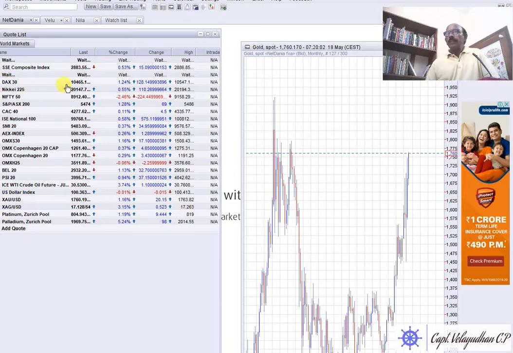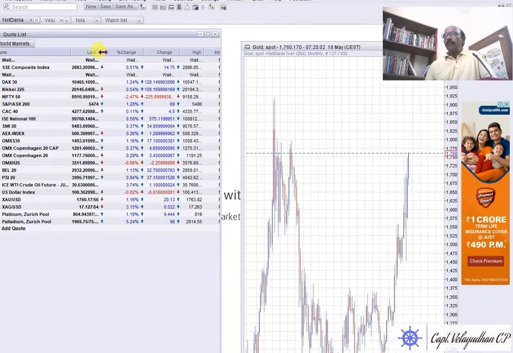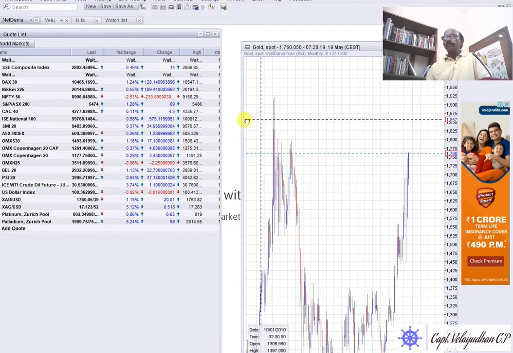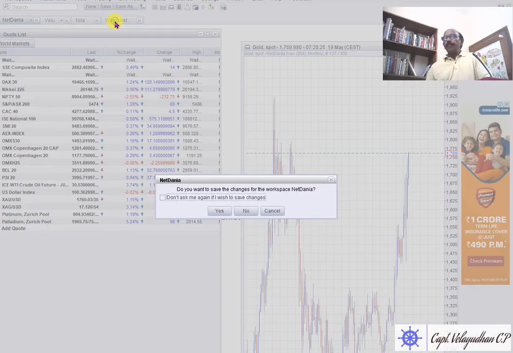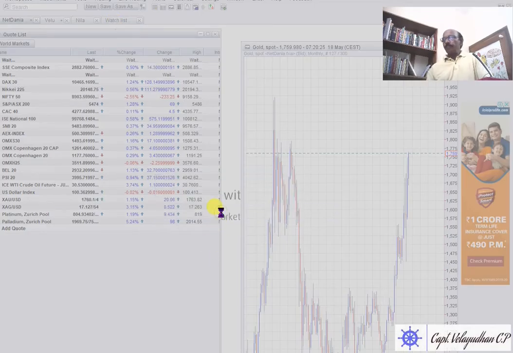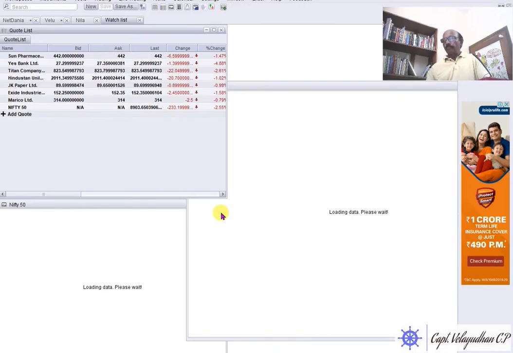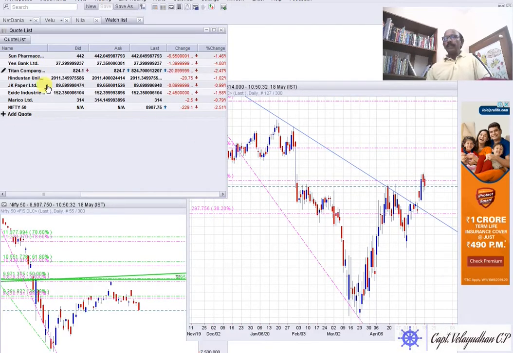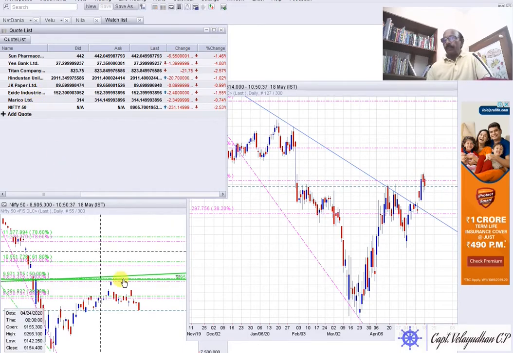It gives many indices: DAX, Nikkei, Nifty, S&P 500, S&P 200, and many global indices like the dollar index. And you can make your watch list. You can make a watch list for yourself and put your scripts there, and you can open the chart for that particular script.